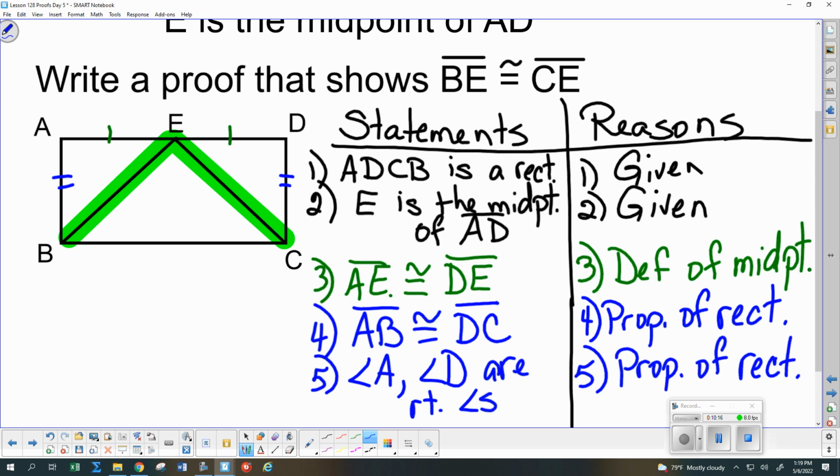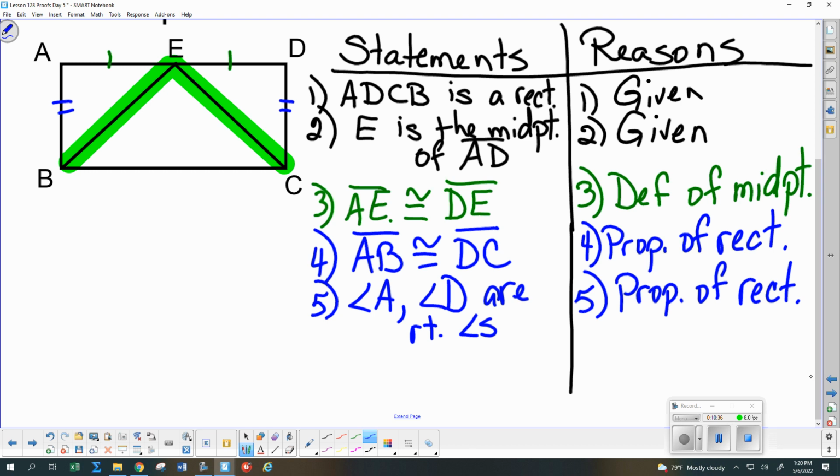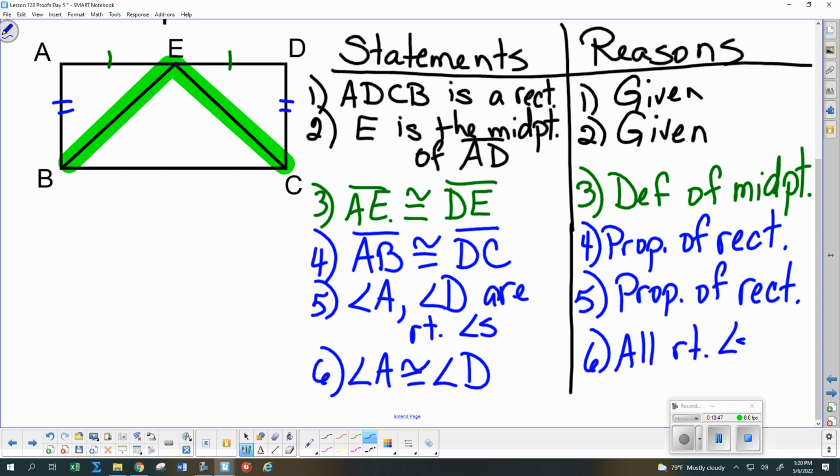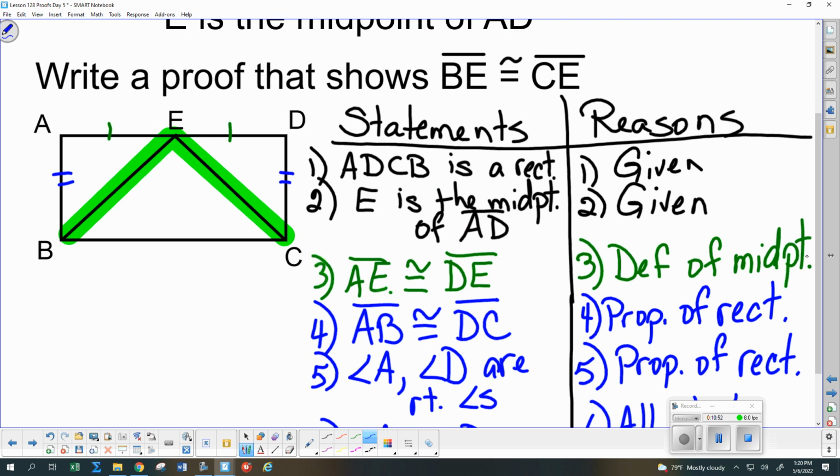I can't mark it on the picture yet, because on the picture I want to be marking congruent angles if I'm going to be using SAS. So if they are 90 degrees, does that mean they have to be congruent? So we are going to then say, and then we'll mark it on our picture, angle A is congruent to angle D, and our reason is all right angles are congruent, and so we'll mark that on our picture.